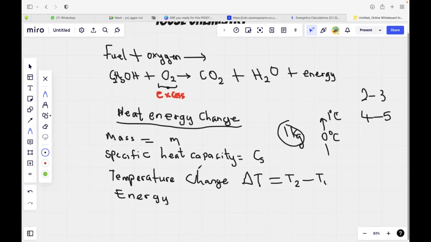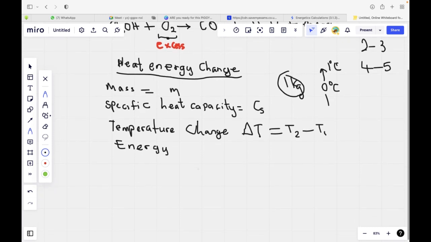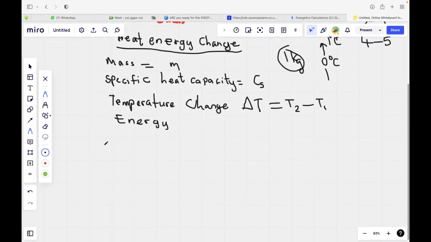This change in energy, delta E, where delta means change, is equal to the mass of the substance, multiplied by the specific heat capacity of the substance, multiplied by the change in temperature.